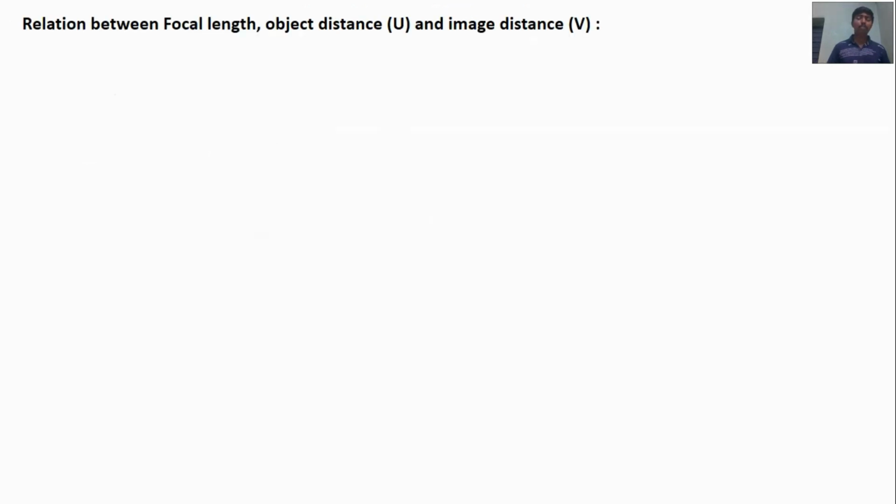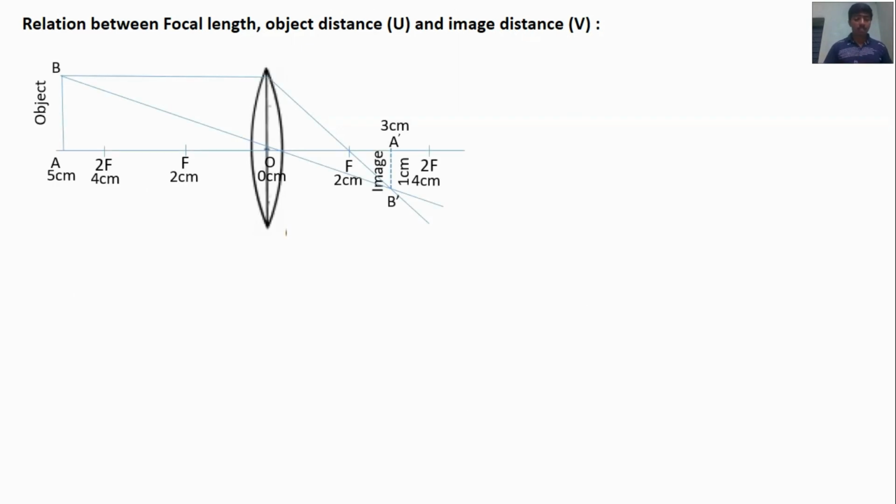Okay. Relation between focal length, object distance and image distance. Do a simple experiment, the same experiments. If the object is at 5 cm and the focal length is 2 cm, the image appears 3 cm away from the optic center. By the lens law, 1/f = 1/u + 1/v.